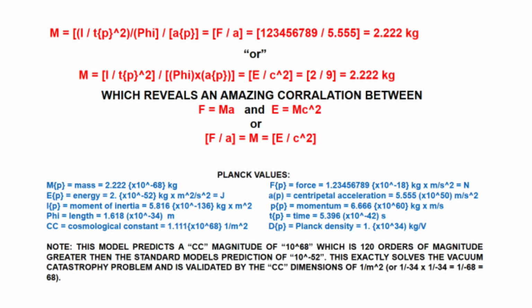The following two alternate mass equations utilize a moment of inertia term to reveal the origin of mass as also having a rotational dynamic as well as an undeniable correlation between the Archimedean repeating decimal series, the phi golden rectangle value, and the base 10 decimal sequence, which ultimately creates a fundamental correlation between Newton's second force law F equals ma, and Einstein's mass-energy equivalency E equals mc squared.